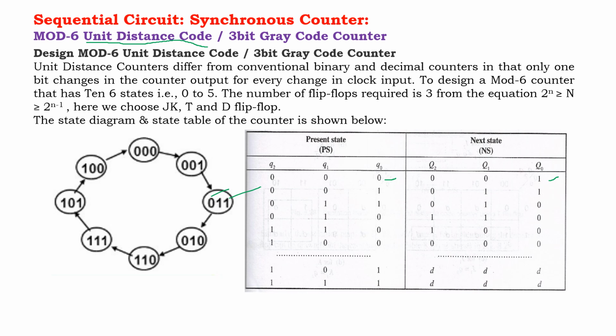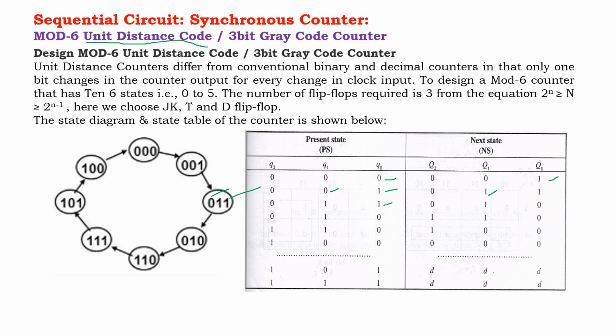Now 0 0 1 will be the present state, so we cannot make it 0 1 0, because if we take the next state as 0 1 0 here, then there are 2 bit position changes, so we cannot consider it. Then the next number should be considered, so that is 3. So 0 0 1 and 0 1 1, so only this position will be changed. Again this 3 will be the present state.